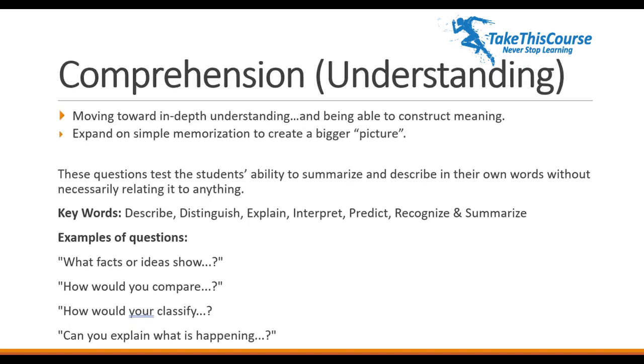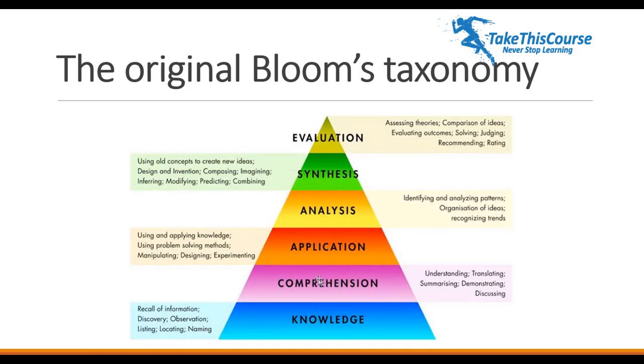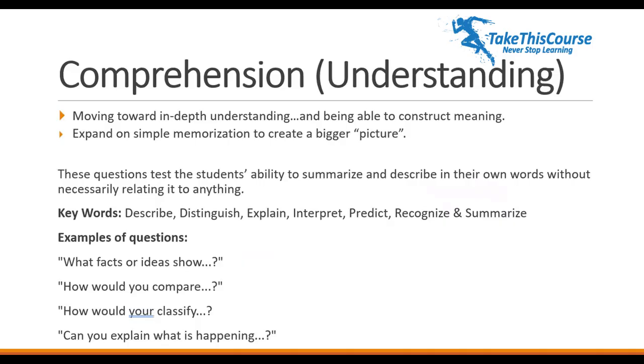Now comprehension is the second level of Bloom's taxonomy itself. When we talk about comprehension, understanding, we are moving from remembering to an in-depth understanding from our students or learners. Whatever they have remembered, now we want them to write in their own words.